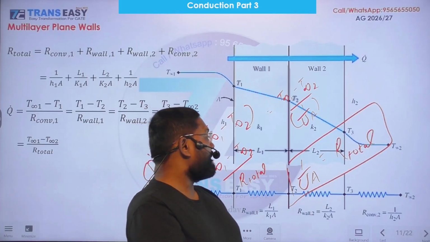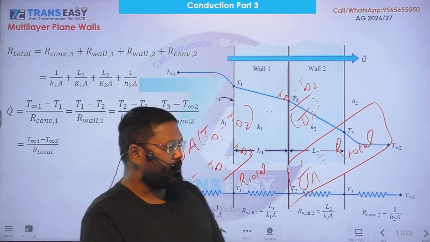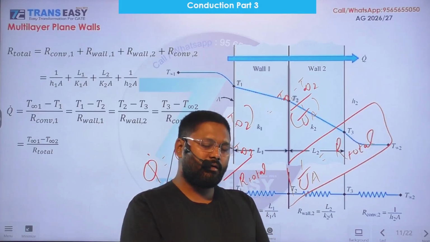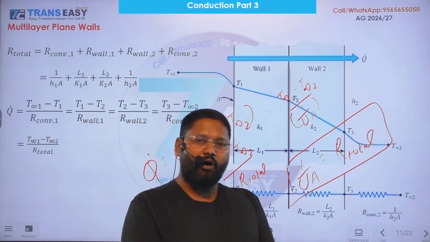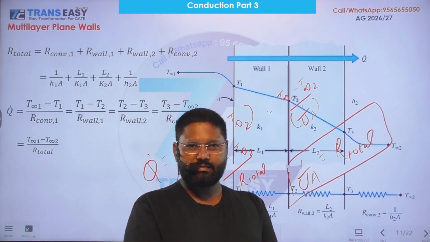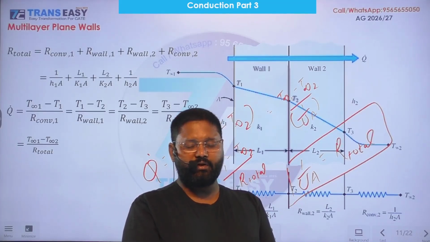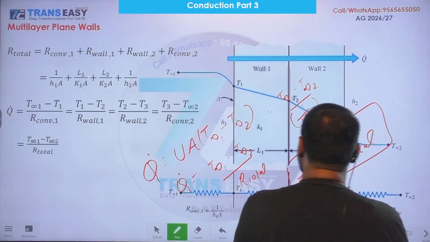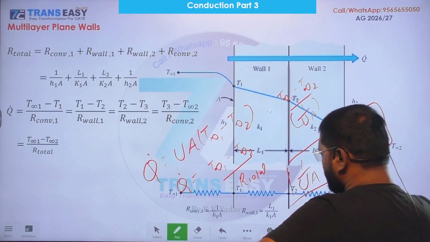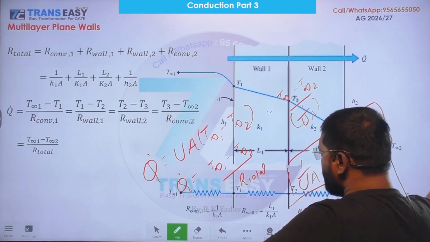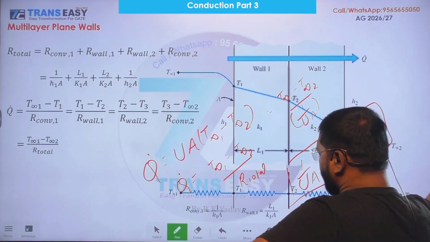Here, in case of plane wall, area of all planes between x equal to 0 to x equal to L, or throughout the thickness of the plane wall, is same, right?